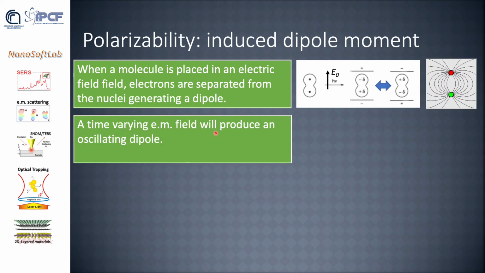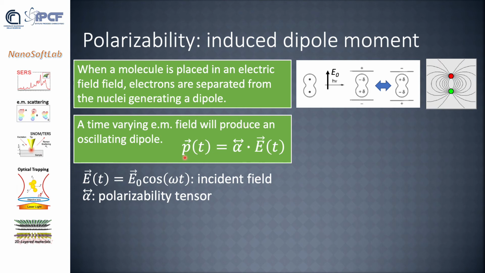If we apply a time-varying field, we will have, as a result, an oscillating dipole. So we change from this configuration to this, in which the charges are opposite, as we see in this animated GIF. So we will have a dipole moment that will be proportional to the time-varying electric field by a proportionality constant that is alpha.